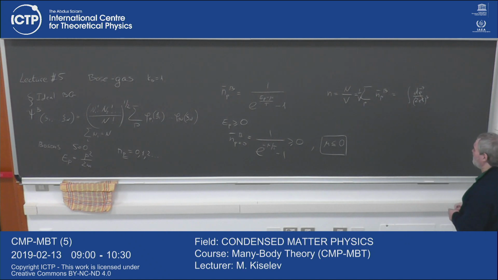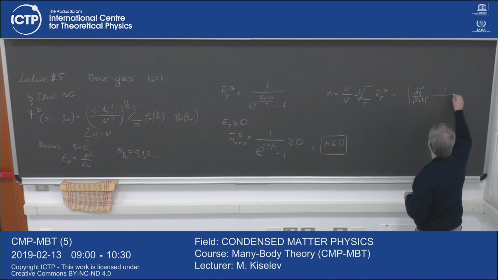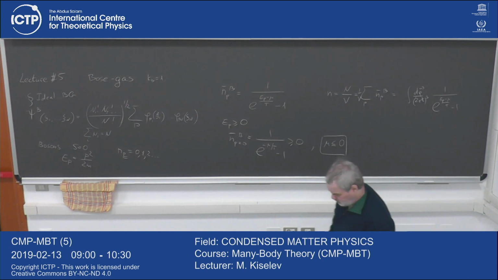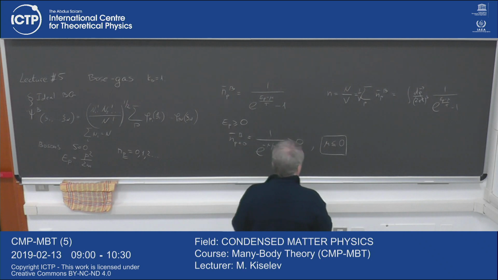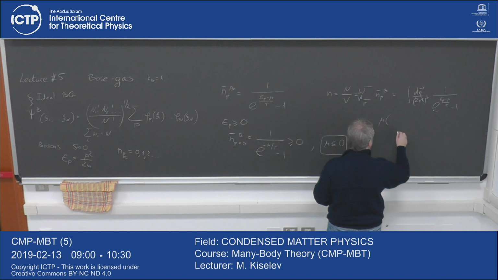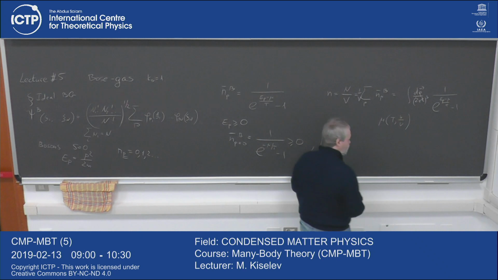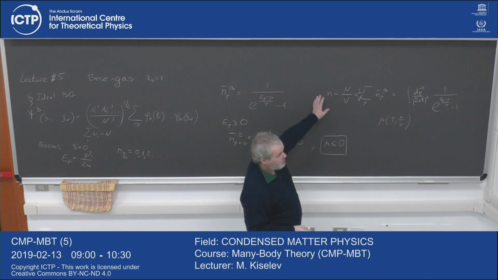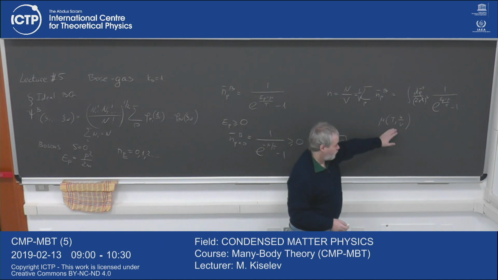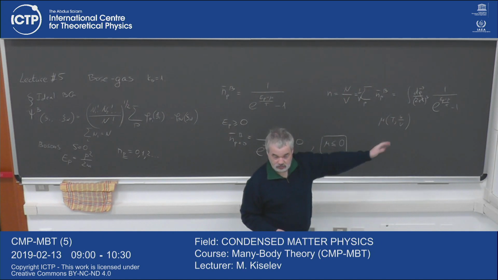We are dealing with 3 dimensions without loss of generality. So this equation actually defines the chemical potential mu as a function of temperature and density. By solving this equation for any given temperature, fixing the density of our bosons, we can find the chemical potential.